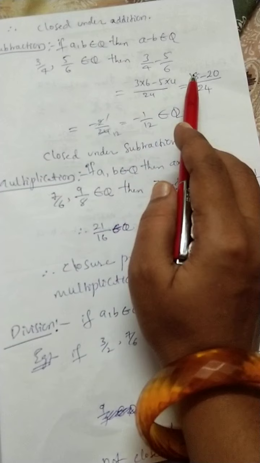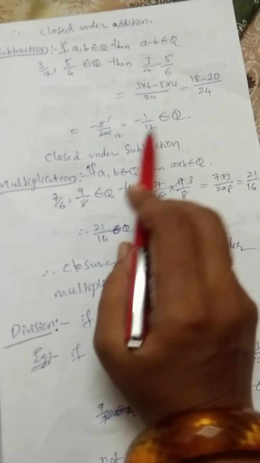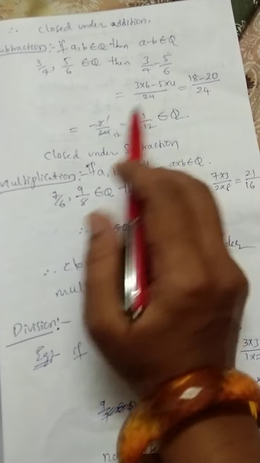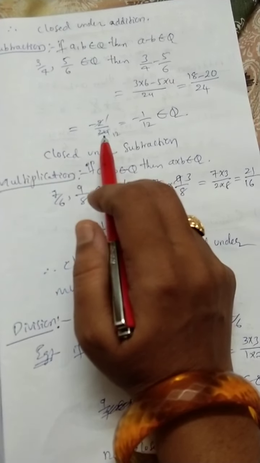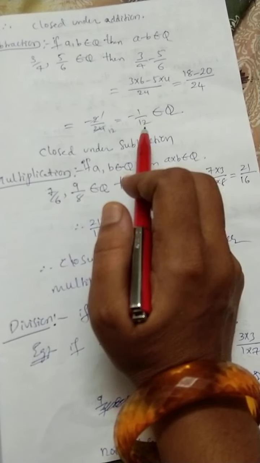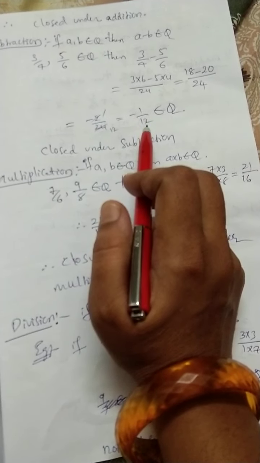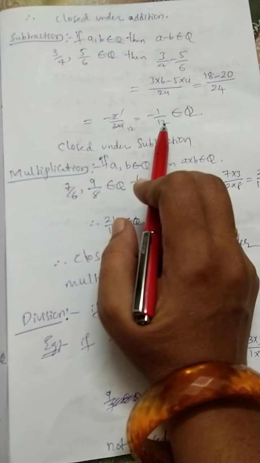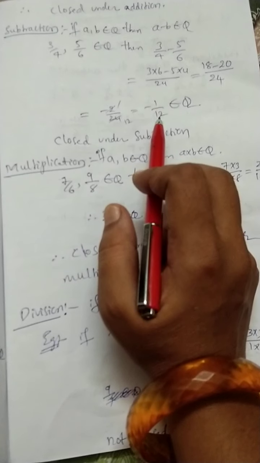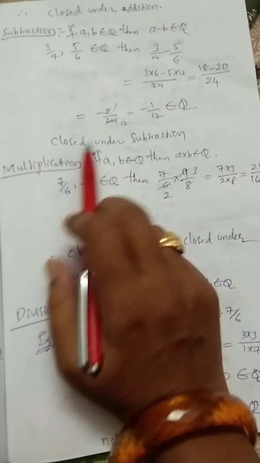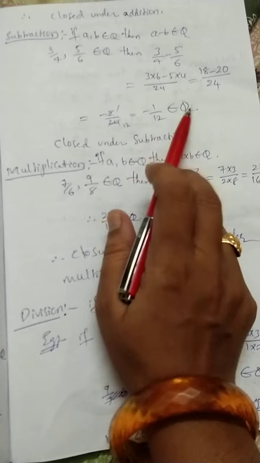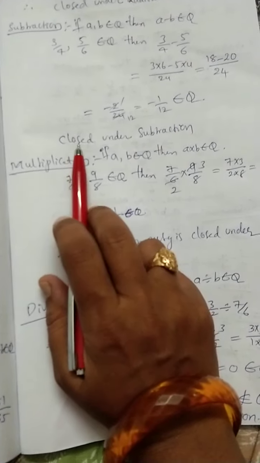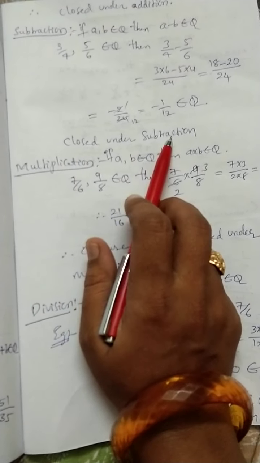Now 3 6s are 18 minus 20, by 24. Now you have to do the cancellation also, if any. So 18 minus 20 is minus 2, by 24. 2 1s are 2, 2 12s are 24. So it is equal to minus 1 by 12. This minus 1 by 12 is in minus p by q form, which means a negative rational number. Whether it is negative or positive, it is a rational number only. Negative rational numbers are also there in the rational number set. So this closure property is closed under subtraction.